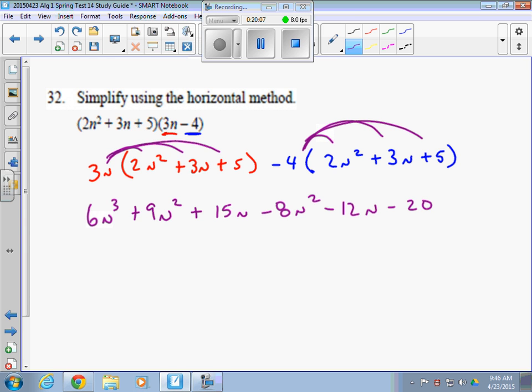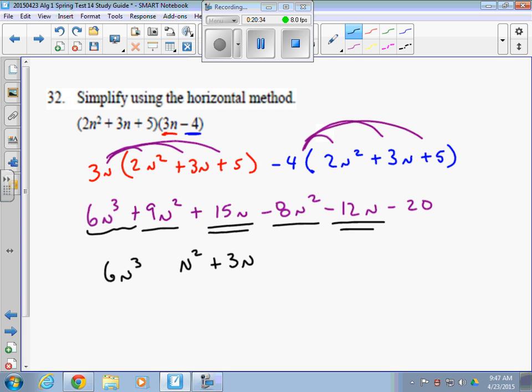Put your like terms together. There are 2n squareds, 9n squared, and negative 8n squared. 9 minus 8 is 1n squared. And you have n to the first powers we can put together. 15 minus 12 is a positive 3n. There's only one n to the third power, so we'll put 6n to the third power.